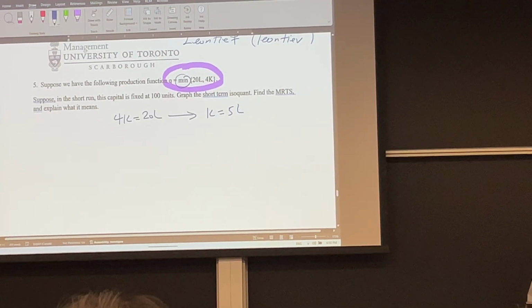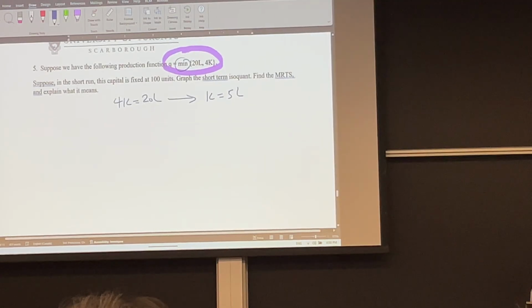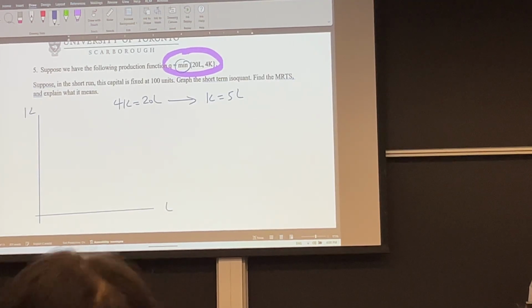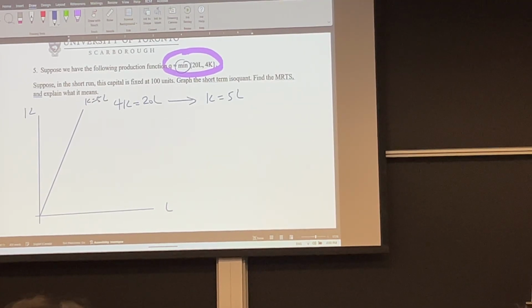So let me grab that line, then go further. That is the line you have to be on. Only efficient production is on this line. If you depart from it, you get nothing.